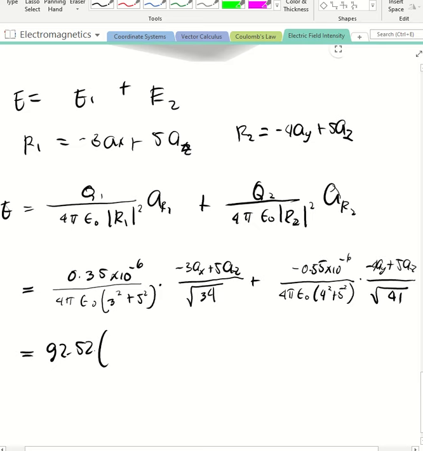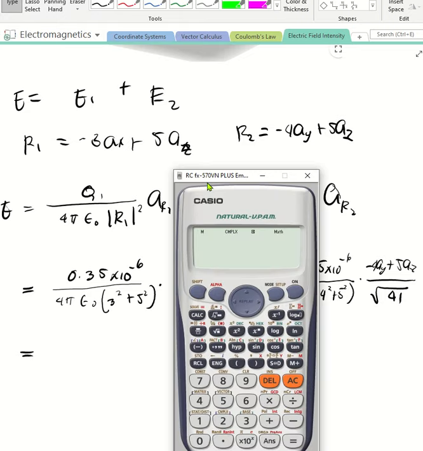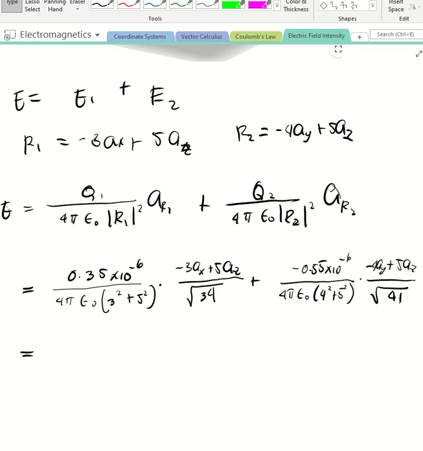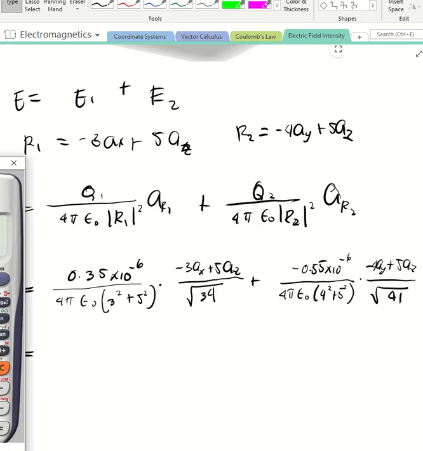I can still divide this one with square root of 34. We can distribute that because we need to add that in the other one. So let's just multiply it with 1 over, or we just make this one raised to 3 halves.